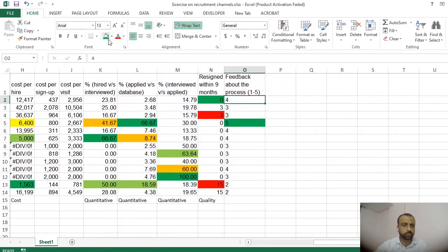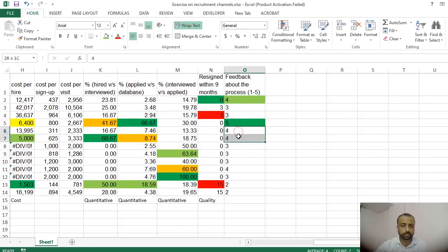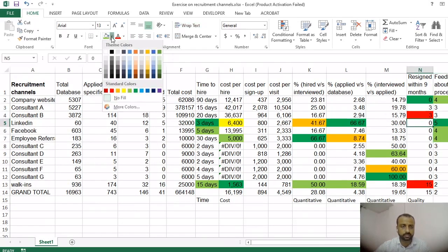And then there is some 4. I will again highlight it. And then there are a couple more 4. Correct. But in the column, I have to highlight some greens also. Yet I'm more interested in green. So LinkedIn, nobody resigned. Again, it's a green.